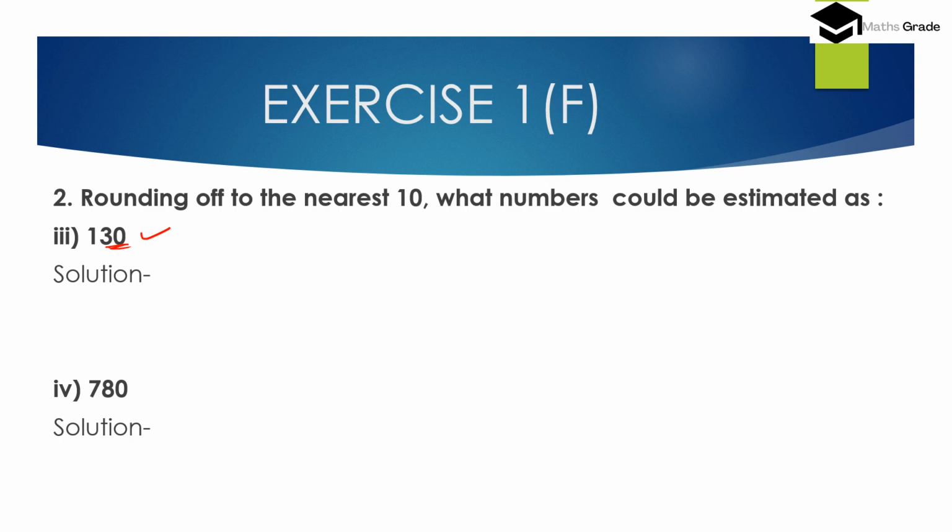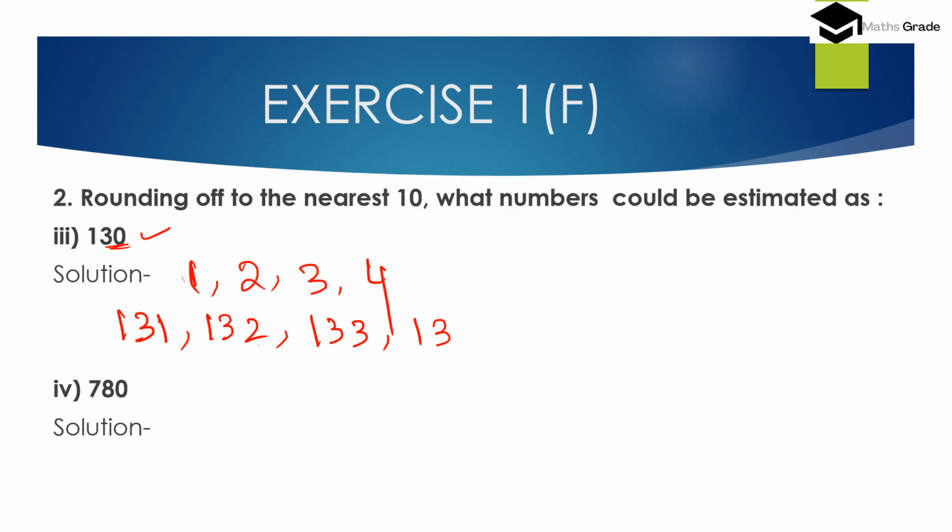So if the unit place digit is 1, 2, 3 and 4, the numbers are 131, 132, 133, 134.